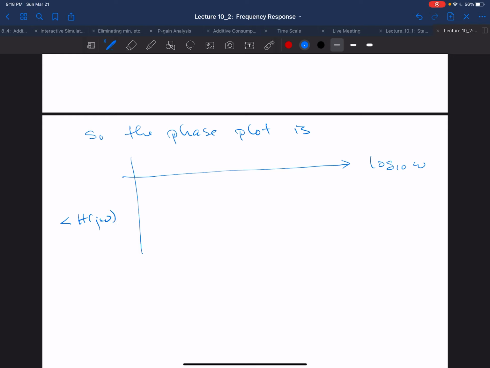And we normally do use degrees rather than, say, radians when we're drawing these plots. So suppose this is minus 90 degrees, this is 0 degrees. Our phase plot for this simple example is just a horizontal line, like this. So together these two plots, which in this simple case are just straight lines, these constitute the Bode plot.